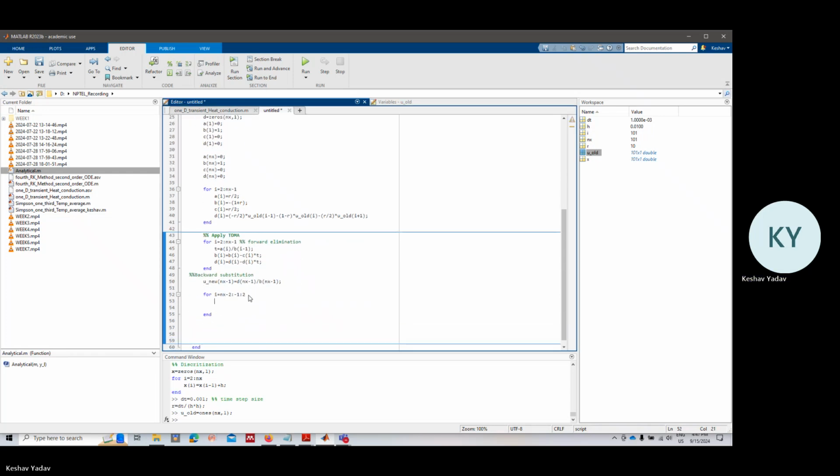What will I write here? u new of i will be equal to d of i minus c of i multiplied by u new of i plus 1, whole divided by b of i.